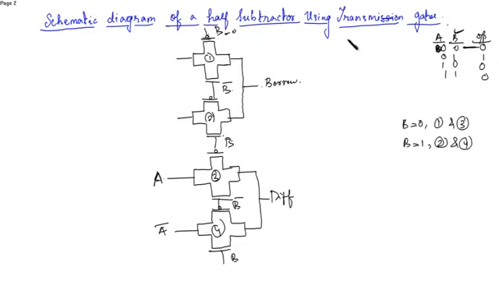So when B is 0, whatever will be there over here will be seen at borrow. That means that should be 0. And over here, whatever will be at A, you'll see in the difference. So first it should be 0.